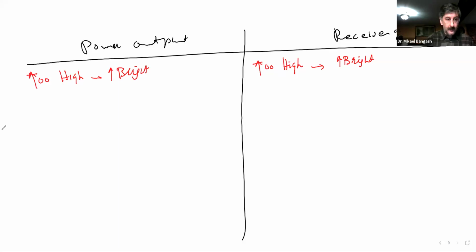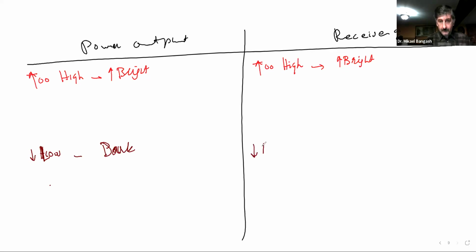Clear? On the other hand, if we say that this was too low, our image was going to be too dark.